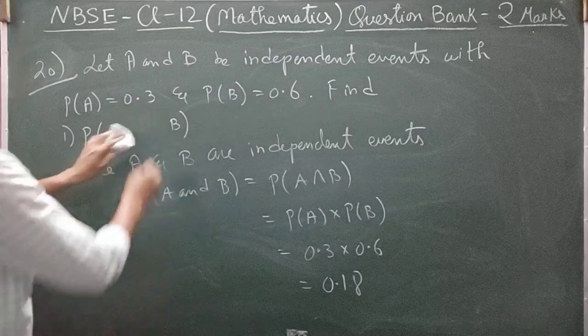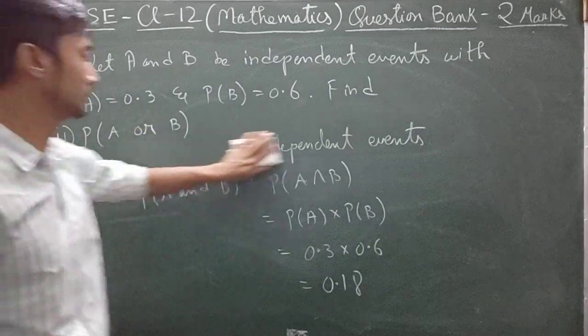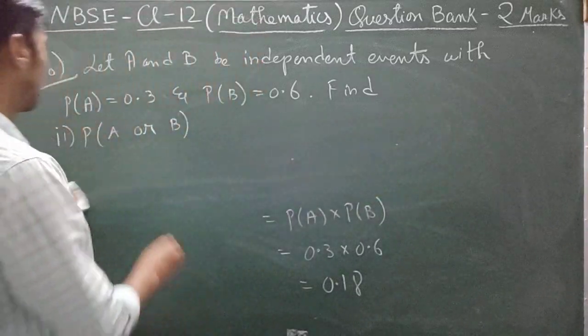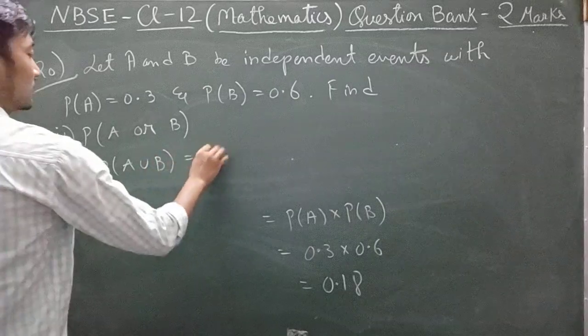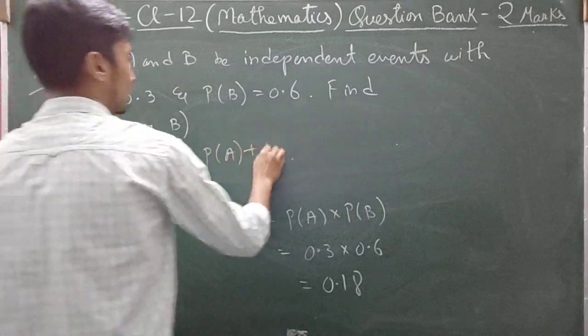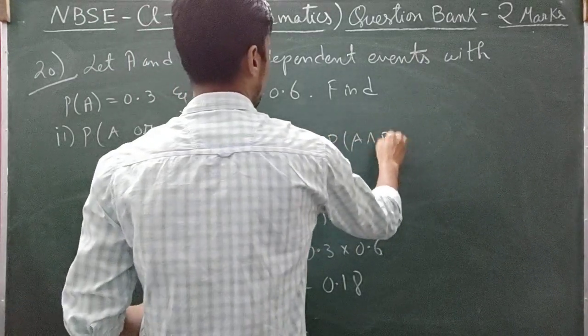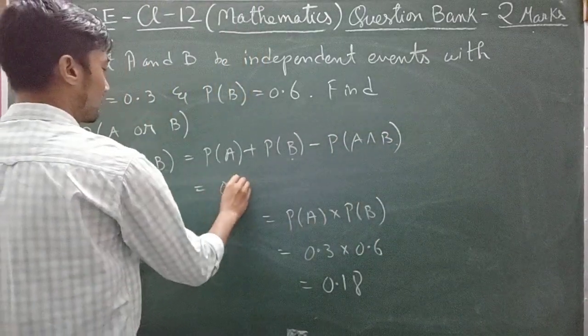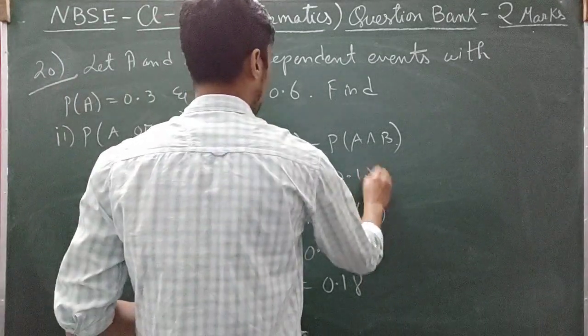Next is probability of A or B. So probability of A or B means probability of A union B. So that's probability of A plus probability of B minus probability of A intersection B: 0.3 plus 0.6 minus 0.18.